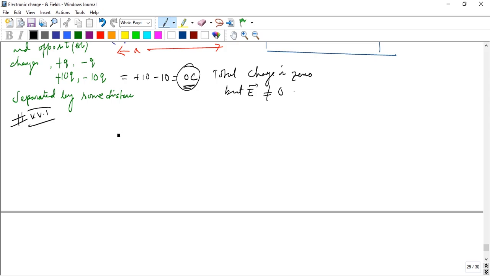The field of an electric dipole for the point on the axis. First we discuss the point on the axis.